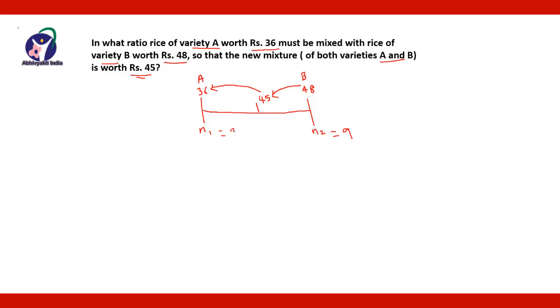So the ratio is 3:9, and so it is 1:3. So the required ratio in which the rice of variety A and B should be mixed is 1:3, so that it's worth rupees 45.